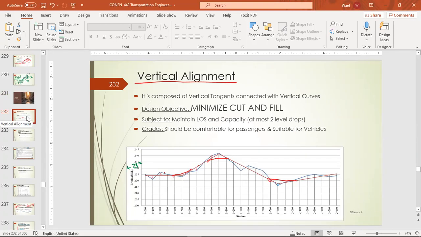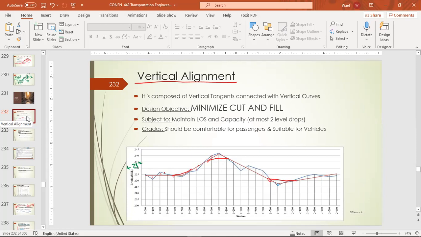Of course, as we can see in this image, this kind of rough terrain is not suitable for regular cars to drive over, and the bearing capacity of the natural soil is not sufficient to carry heavy loads like trucks and so on. That's why we make this vertical alignment, to smooth the ride first of all, and we build the pavement to distribute the load over the natural soil.